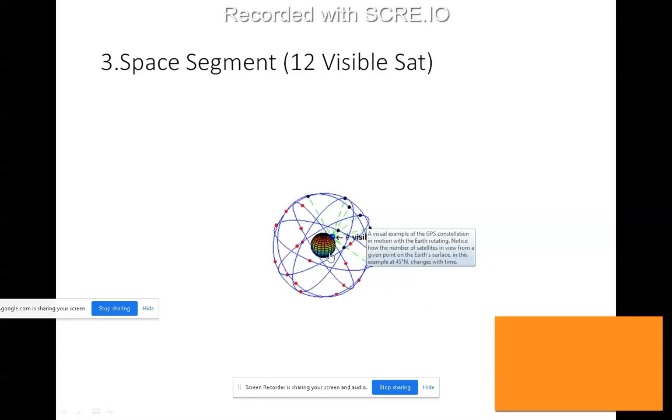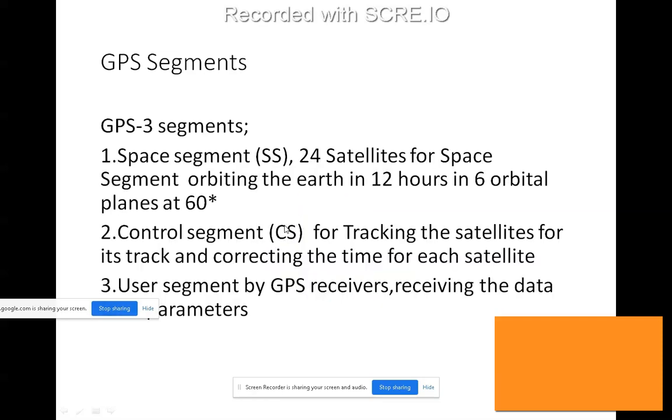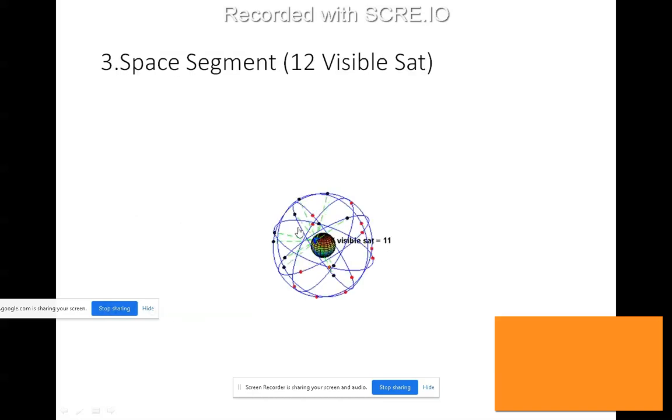So 1, 2, 3, 4, 5, 6 orbits. You will have 24 satellites, but here 12 satellites alone are visible.